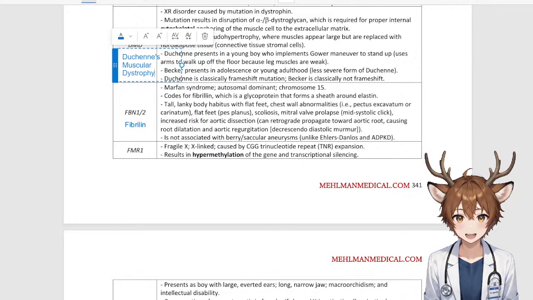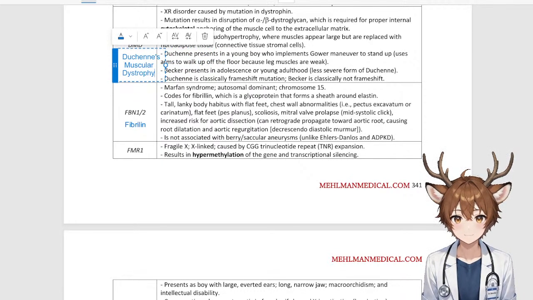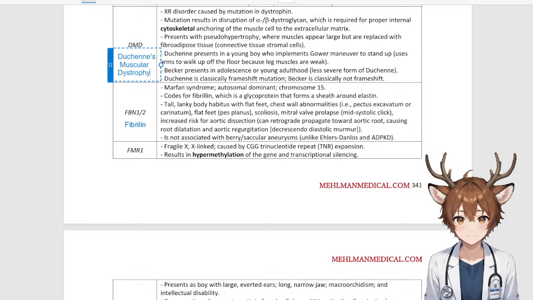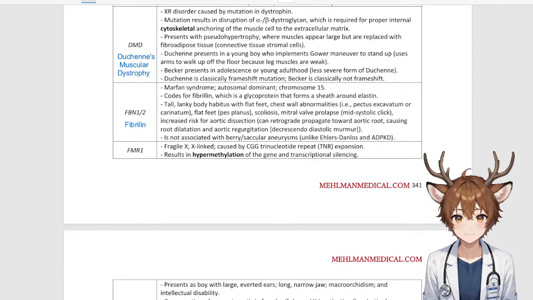We're going to make this small. I might do the other ones later when it becomes relevant.